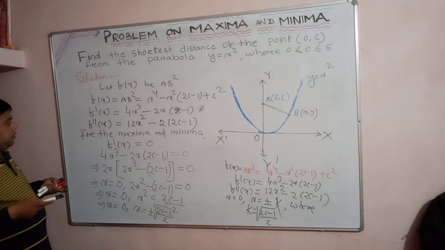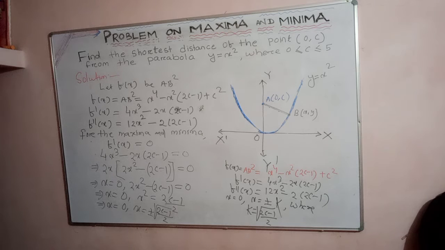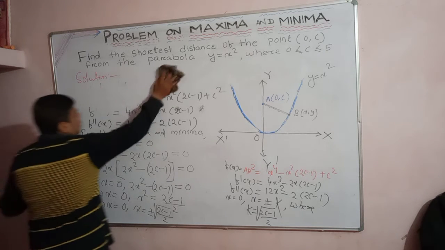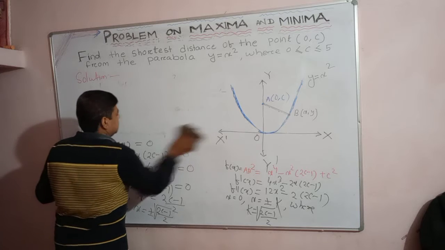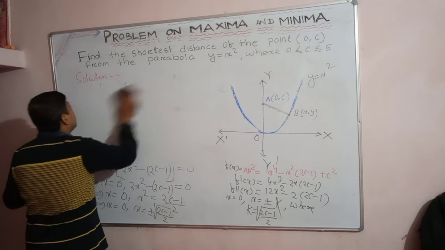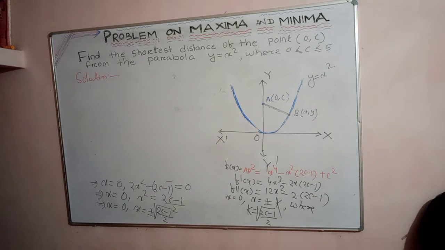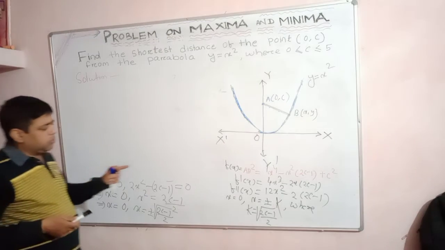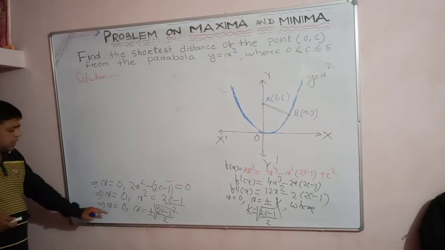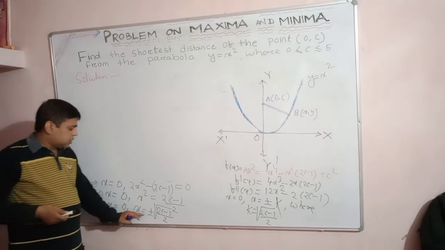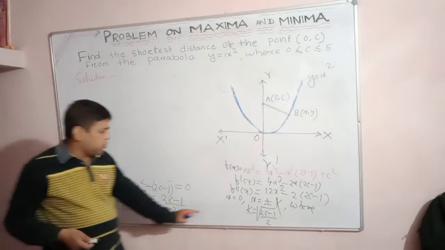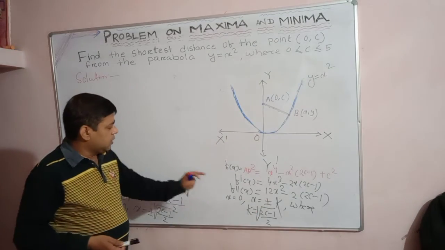At these critical points we have to check the maximum and minimum value of the function f(x). Now put the values of the critical points, x equal to 0 and x equal to plus minus k, in the second derivative.